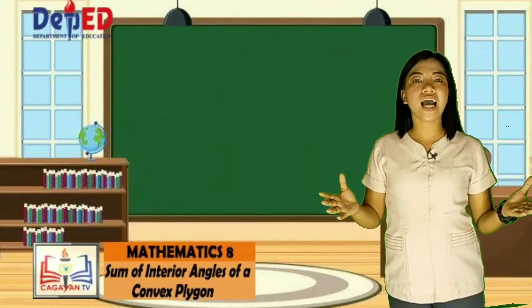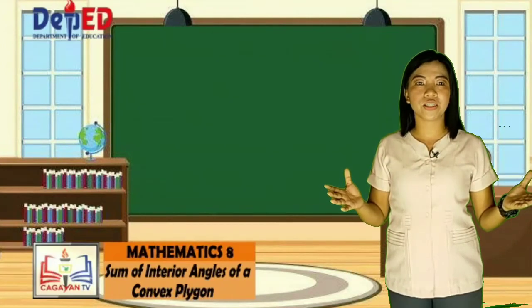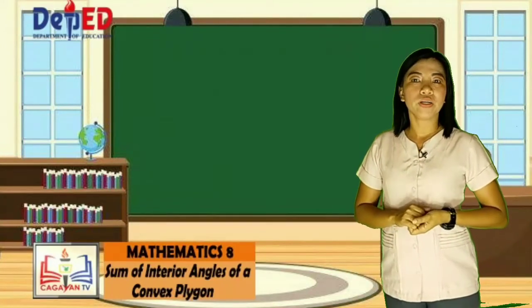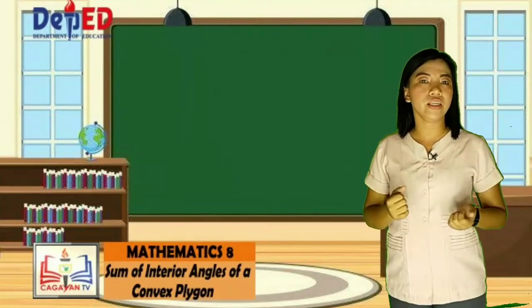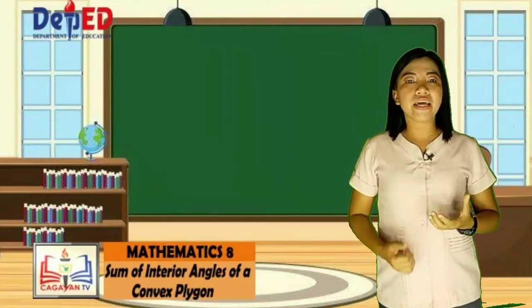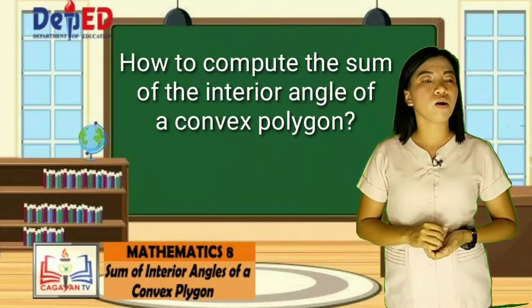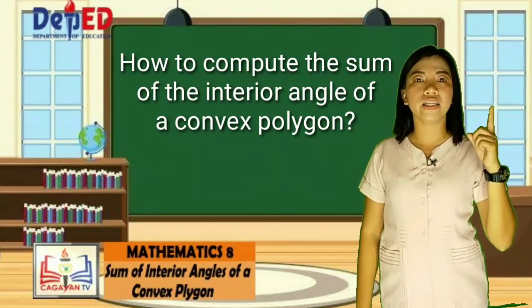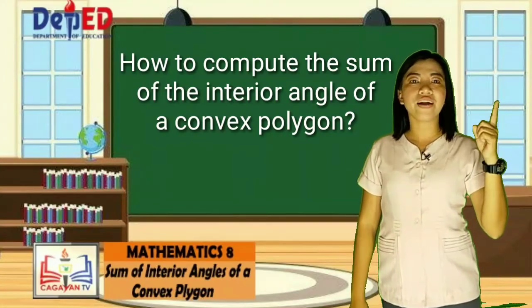The way I see how you responded to that question, you are becoming a matinik. I hope you still have enough energy in doing the next activity. But before that, may I ask you again the formula in computing the sum of the interior angles of a convex polygon? That's correct!